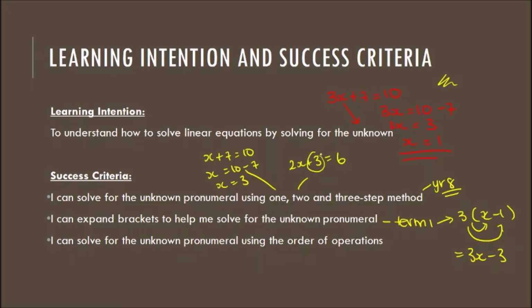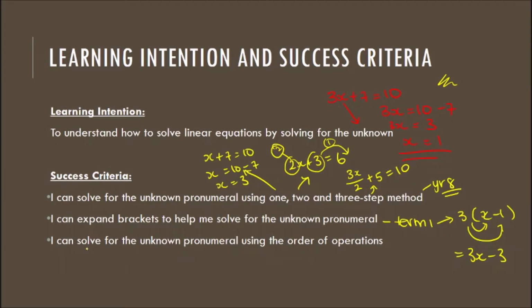So you have to move that across, that's 1 step, and then dividing to get rid of the 2 is 2-step. 3-step is more like when fractions get involved, so it'd be maybe 3x over 2 plus 5 equals 10, so I've just made that up. They're just examples, just so you're familiar with what I'm talking about.